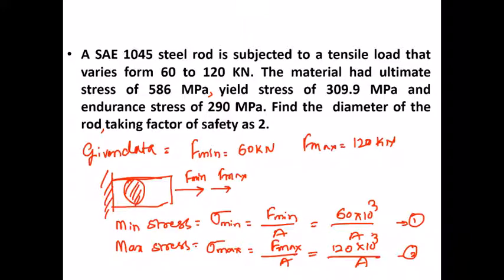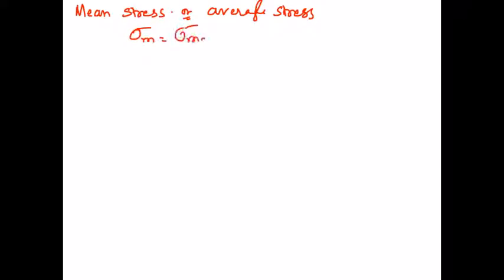As you know, you need to find out the amplitude stress as well as the mean stress here. Let us first find out the mean stress, or average stress. Sigma m equals sigma max plus sigma minimum divided by 2.